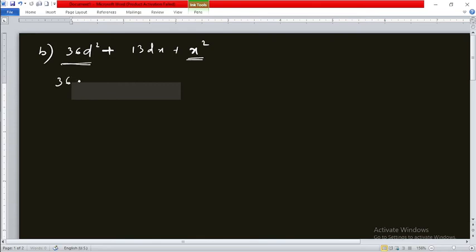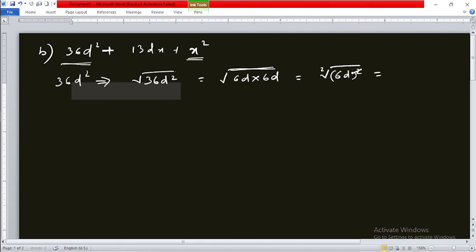So 36d square will give you the root as follows. You can split it: 36 you can write as 6 into 6, and d into d. That means 6d into 6d. I explained it in the beginning, but I'm doing it again so that you understand once more.